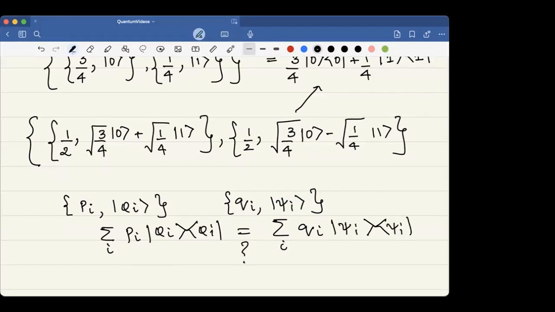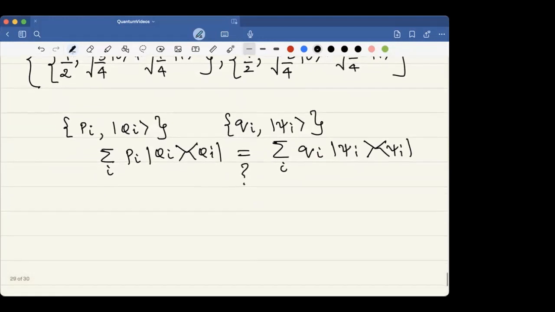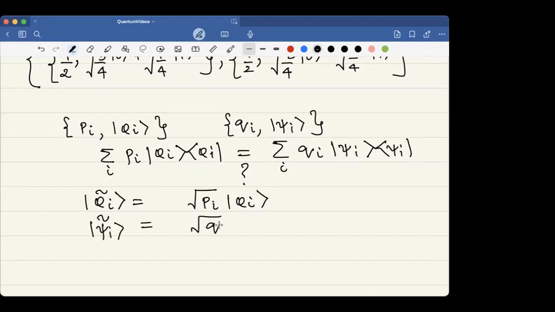So the answer is the following. Suppose I take phi I tilde equal to square root of pi phi I, and psi I tilde equal to square root of qi psi I.